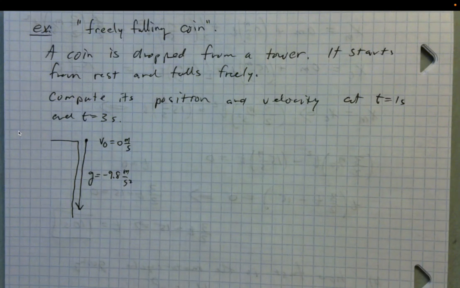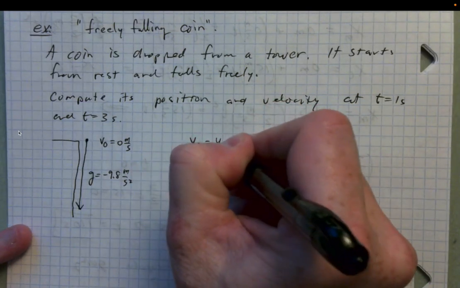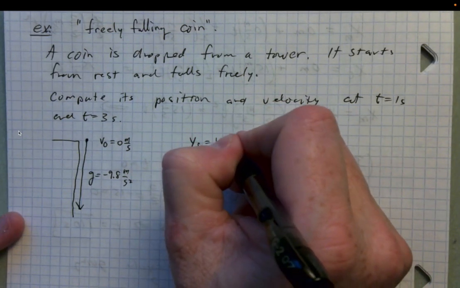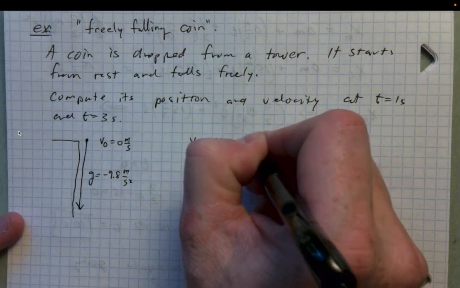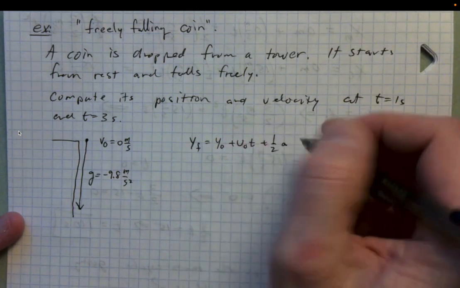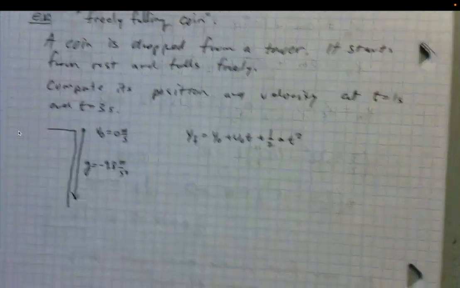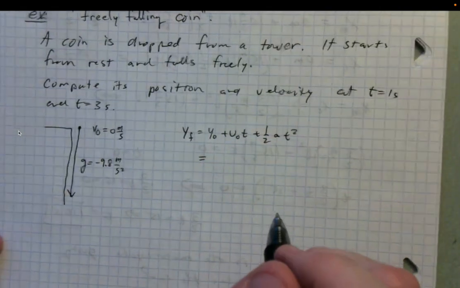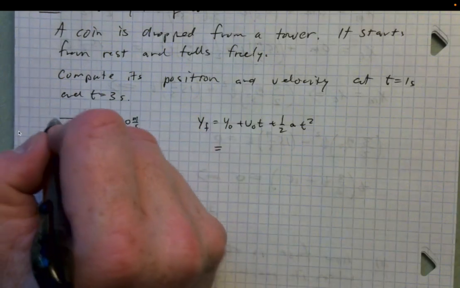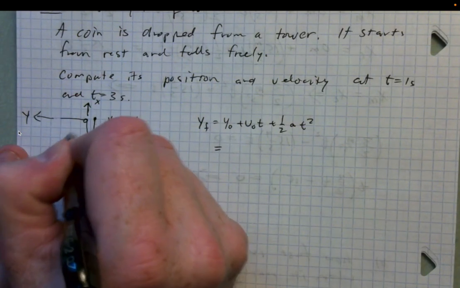So the basic position function can be used. So y final equals y initial plus v initial t plus 1/2 a t squared. Okay, and so for our problem, we'll take this to be the y-axis and this to be the x-axis, and we'll set this to be 0, 0.